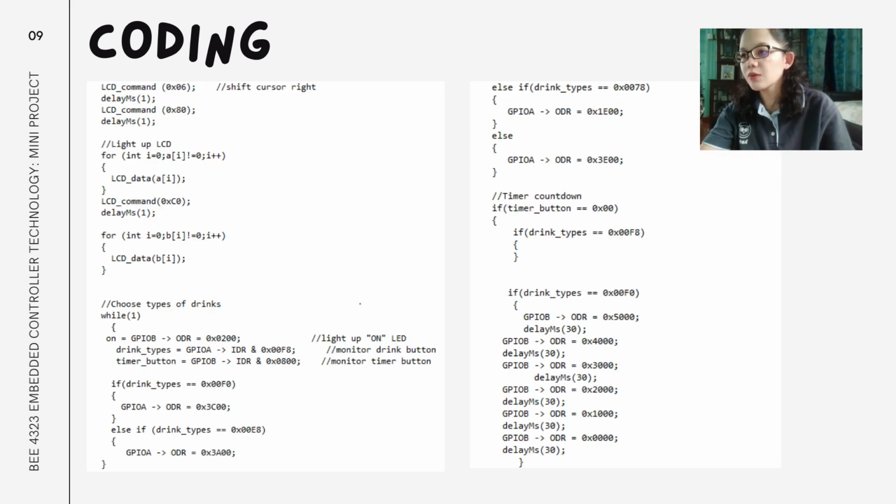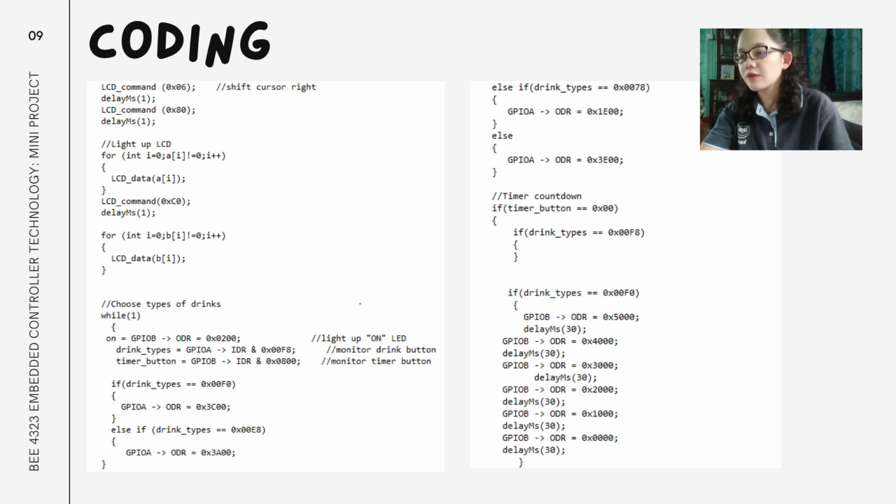And the for loop, int i equal to 0 and so on, is to display the sentence on the LCD. LCD command 0xC0 is after we display the first sentence, which is Pick Your, it will display the second sentence, which is Soft Drink, at the second line position 1.